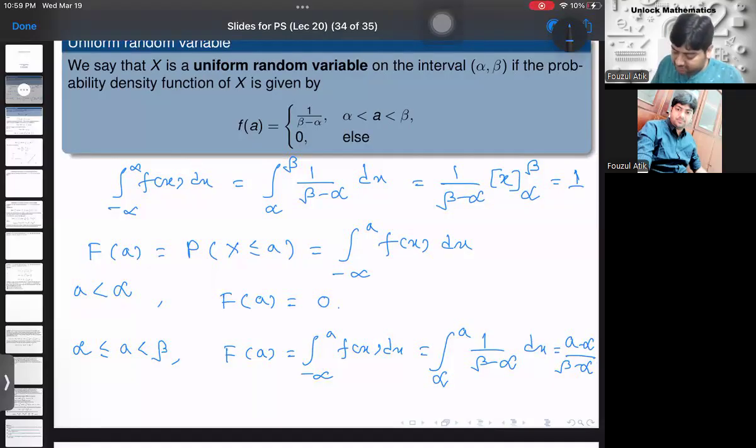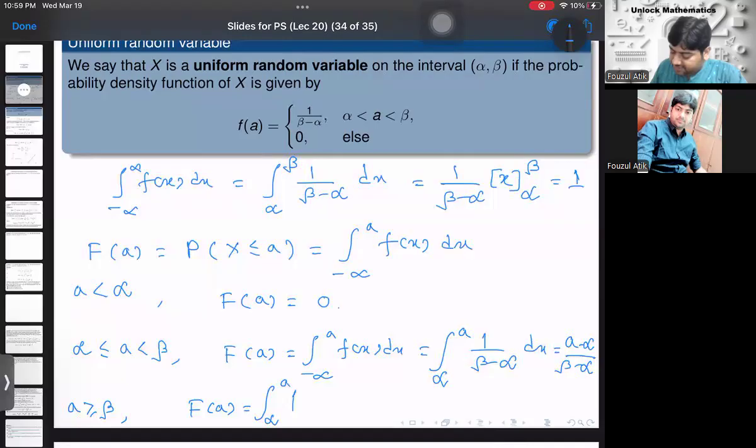And if the value of a is greater than or equal to beta, what will happen in this case? We know from the definition that it will become the total probability. Let's see. It runs from minus infinity to a, but f(x) is nonzero only between alpha and beta, so you take alpha onwards.